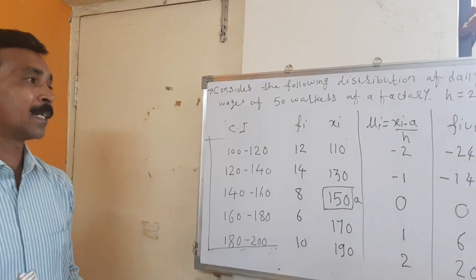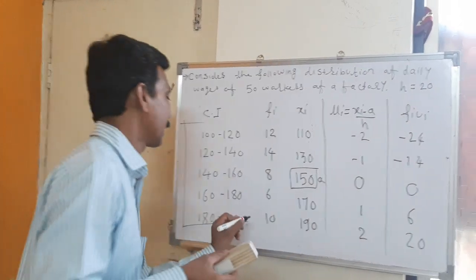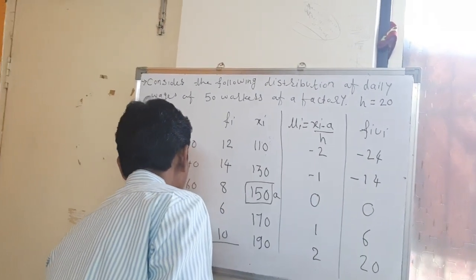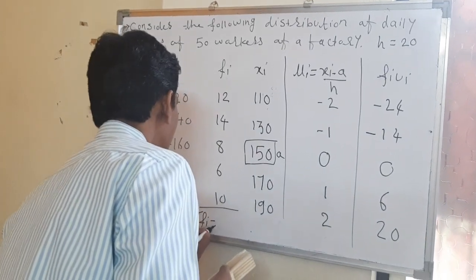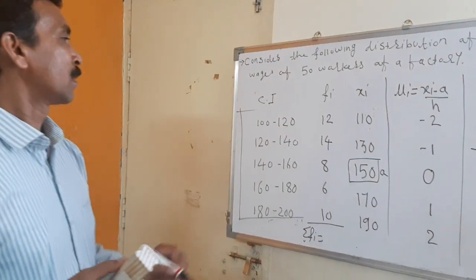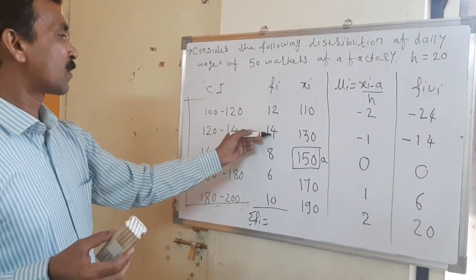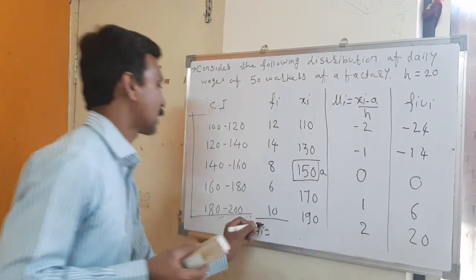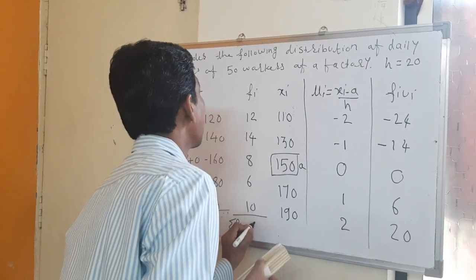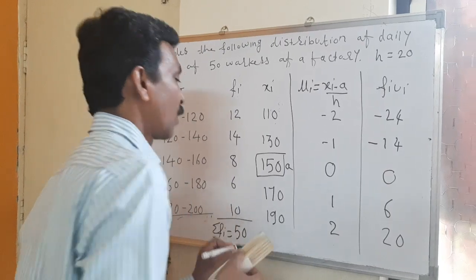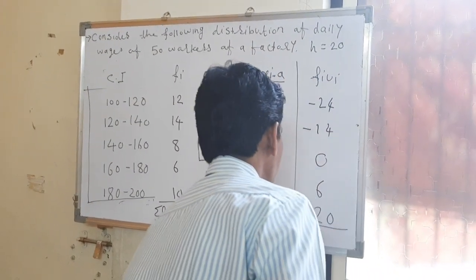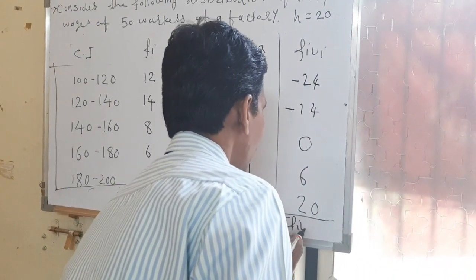This is the way to find Fi Ui. Now I will write here summation of Fi. The addition comes to 12 plus 14 plus 8 plus 6 plus 10, which is 50.